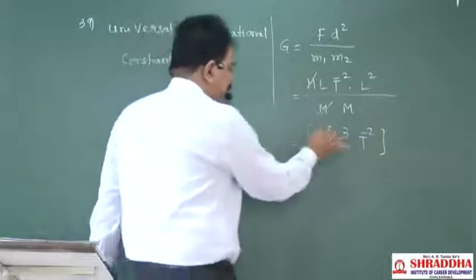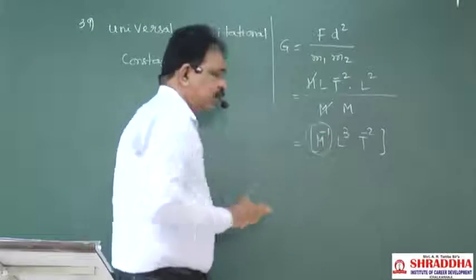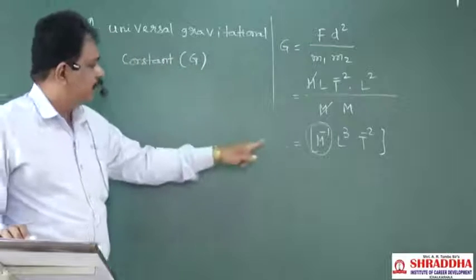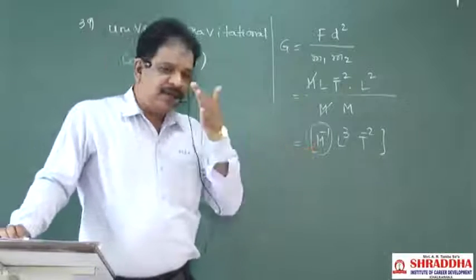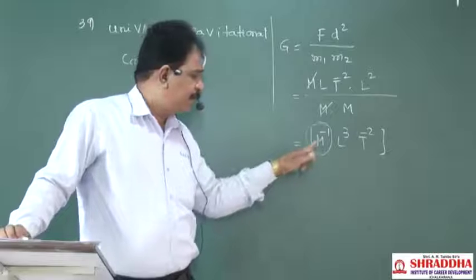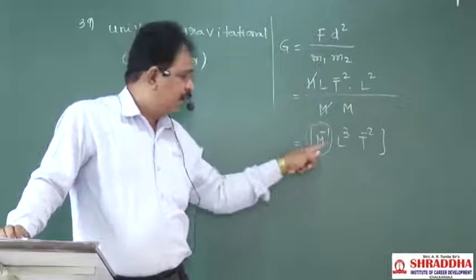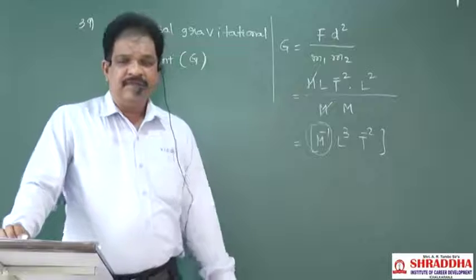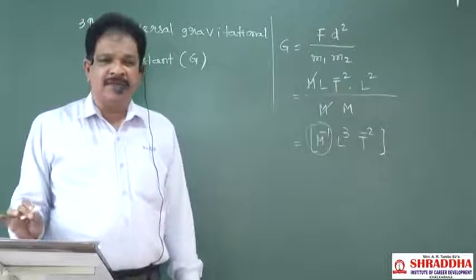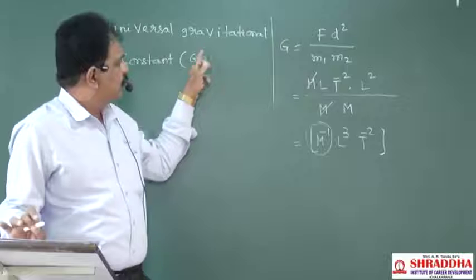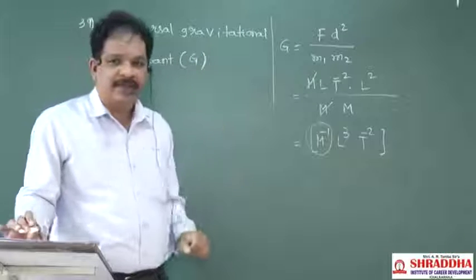Negative dimensions of mass: up to now, around 40 quantities, 39 we wrote dimensional formulas, and no quantity has M power minus 1 up to now. So, if asked to name any physical quantity which has negative dimensions of mass, we can write universal gravitational constant.